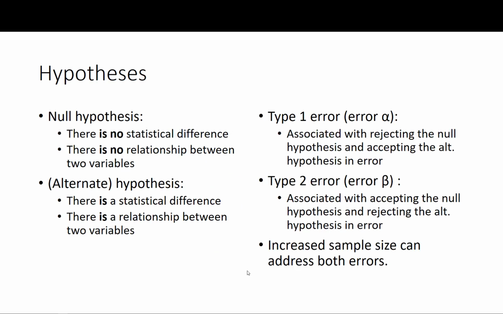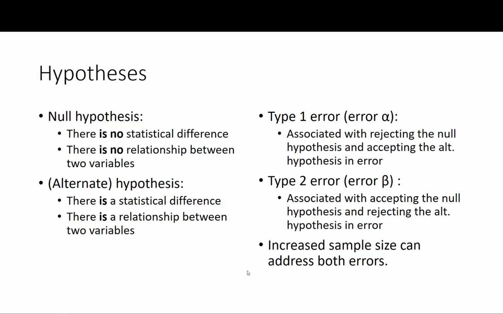Before we get started on the different tests, we need to look at the hypotheses that we use in order to test. There are two basic hypotheses: the null hypothesis, and the hypothesis, also known as the alternate hypothesis. This week we're focusing on the hypotheses that relate to difference.